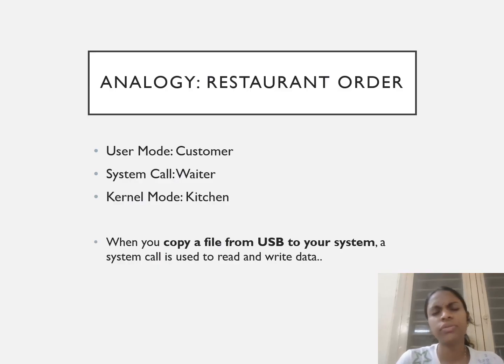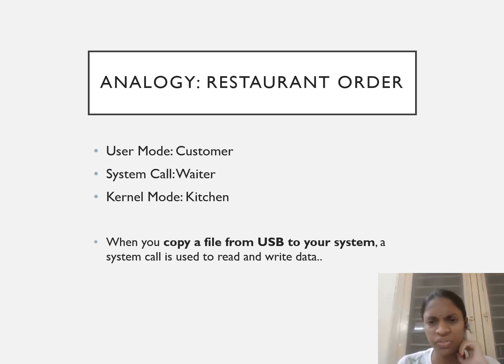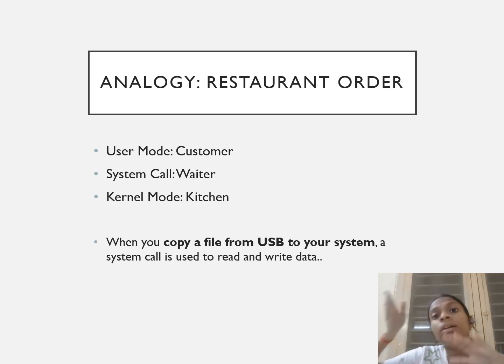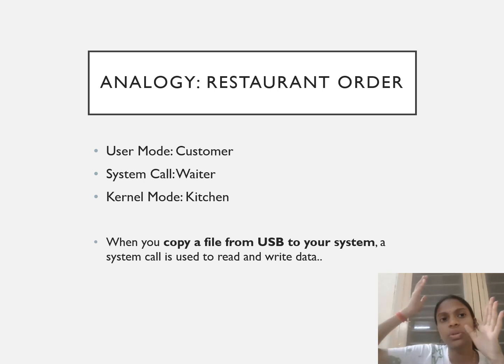And next, for a real life example, I'll show this analogy. I hope you all have an idea of a restaurant, right? When you visit restaurants, you order something, right? You don't order directly from the kitchen, right? You just interact with the waiter, and the waiter interacts with the kitchen, right? So there is a bridge. Who is the bridge?